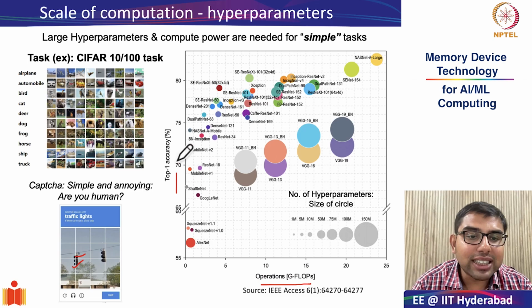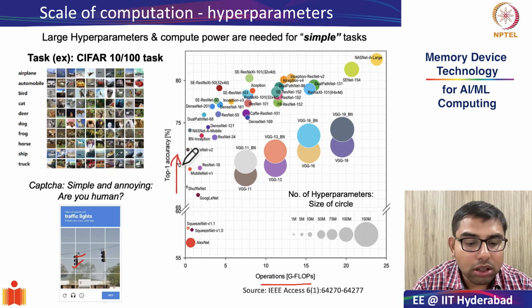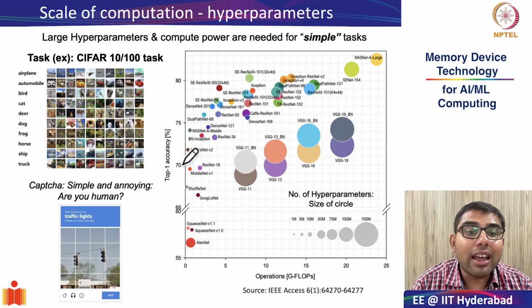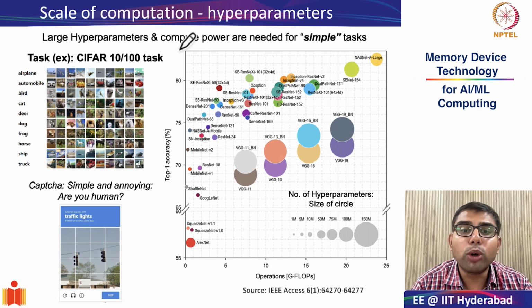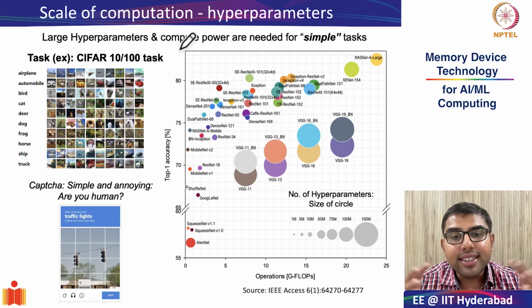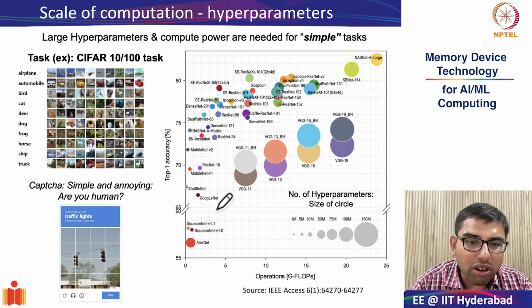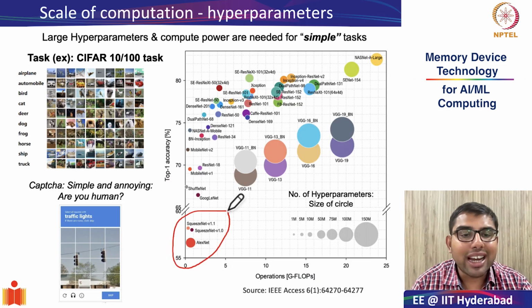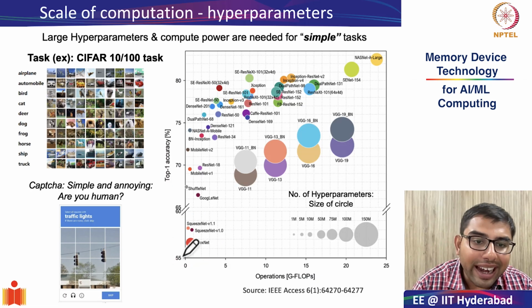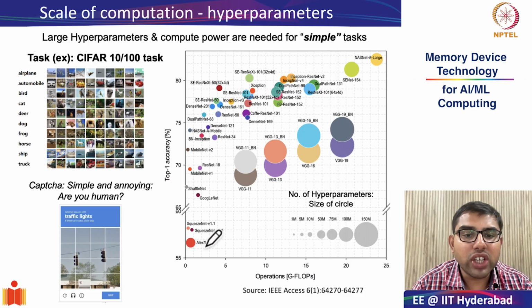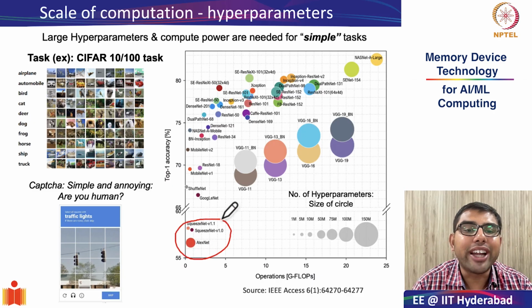On the y-axis, for the CIFAR 10 dataset, the top accuracy is indicated, and it goes from 55% right up to almost 90%. And this is where we see 3 generations of convolution neural networks. The first generation is right here at the bottom. As you can see, it has very low accuracy, but the computational requirements are also quite low.